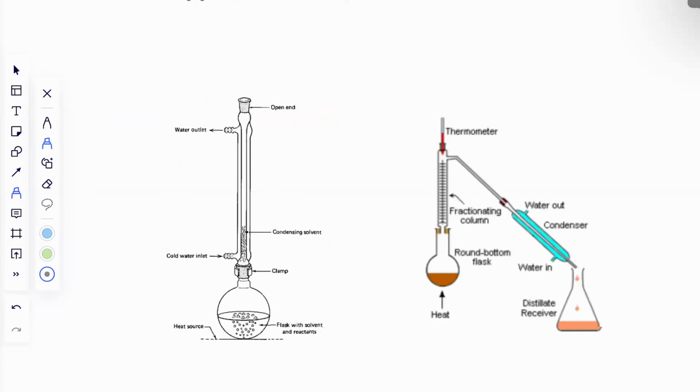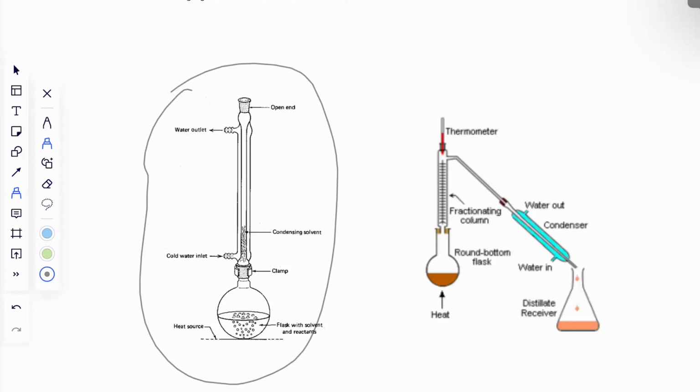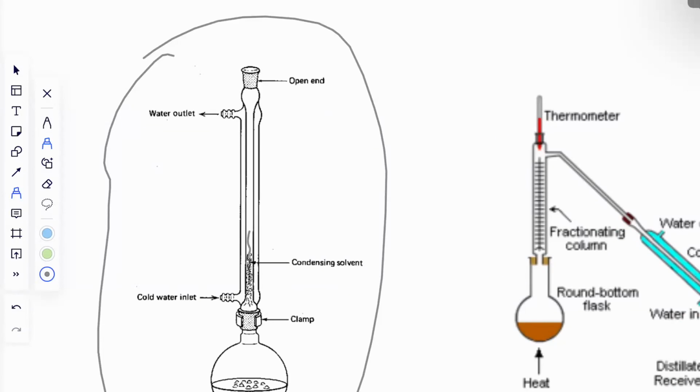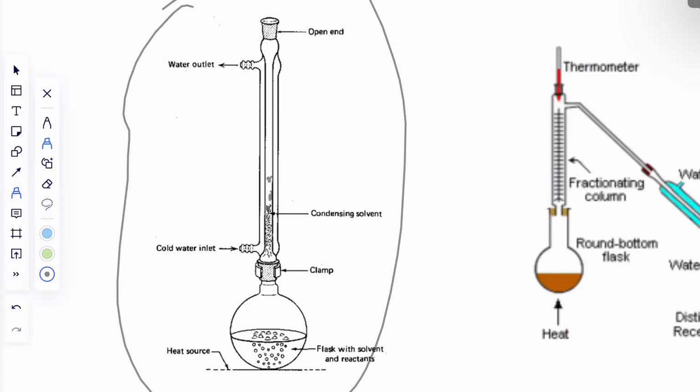If you want to turn it into carboxylic acid, you use this process called reflux. You have a condenser, and in the middle you just put glass bits here. So this reflux setup is like this.